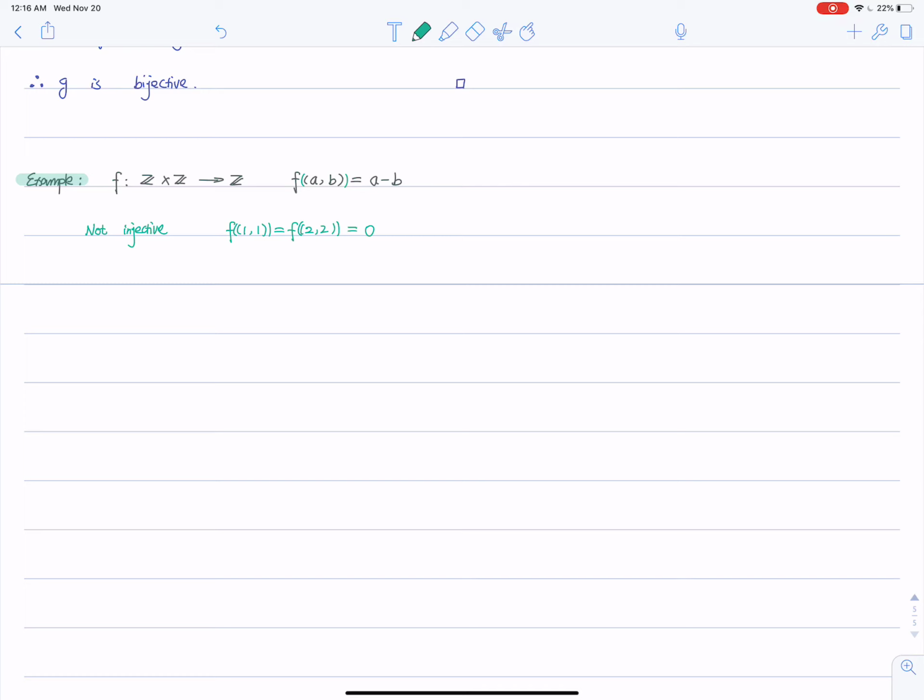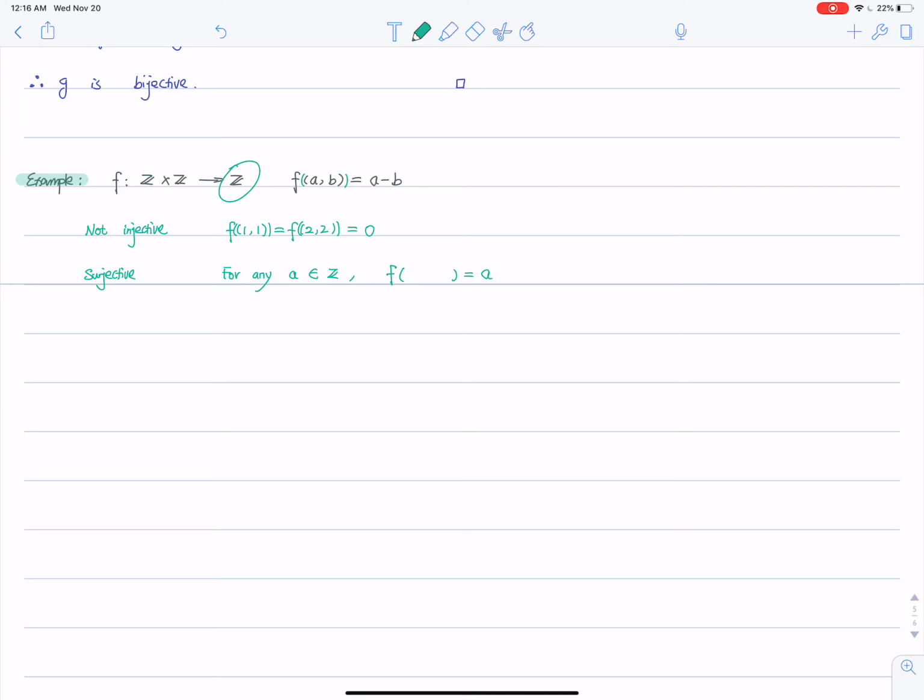So I'm claiming that it is surjective, and I pick an arbitrary element from your codomain, for any a in Z. We have f of what equals a.